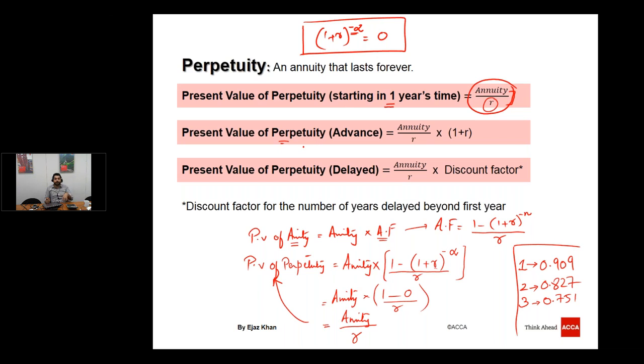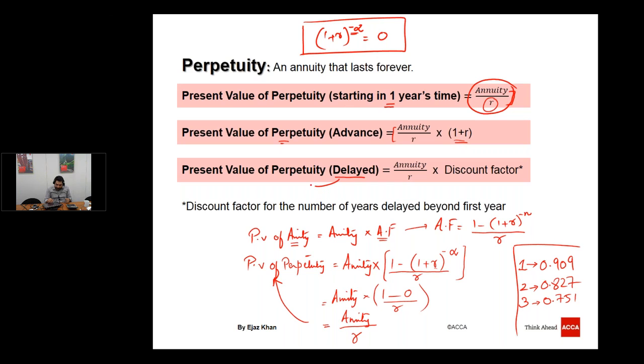That is, we receive the first inflow at 0.0. In that case, we need to calculate the present value of perpetuity as it starts from year 1, that is annuity divided by r, and then we will multiply it with 1 plus r to incorporate the impact of advanced perpetuity. So when it starts from 0.0, all we have to do is multiply it with 1 plus r.